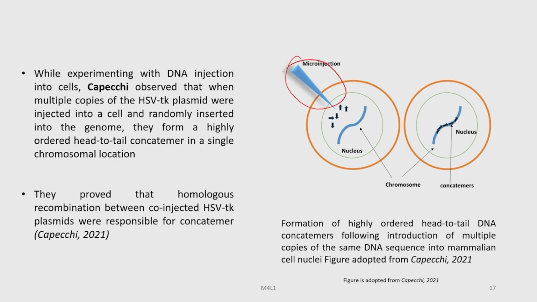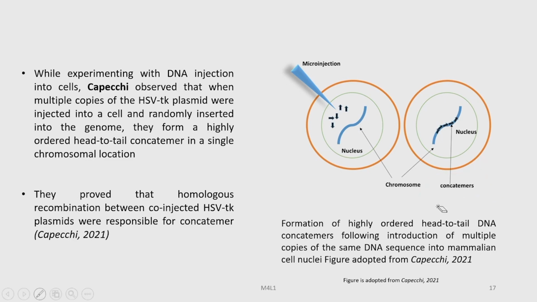So, this is the microinjection through which these plasmids were injected into the cell, and this is directly inside the nucleus, and this is a chromosome you can see over here. Now, all these HSV-TK plasmids you can see here are aligned in a very systematic way, and in fact they are getting connected to one another and forming a concatemer.